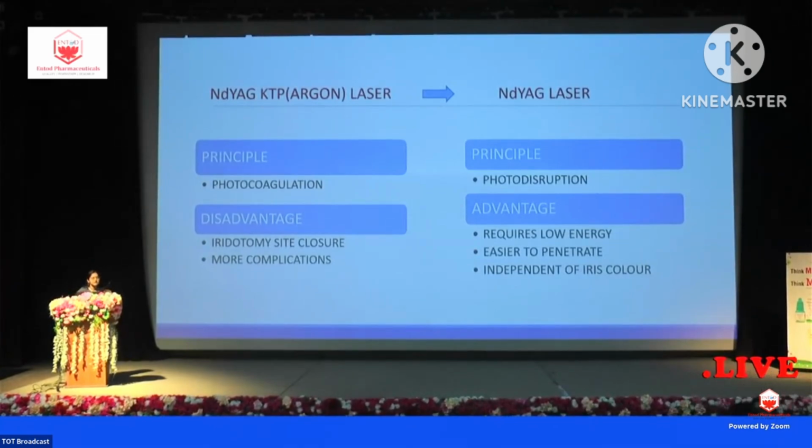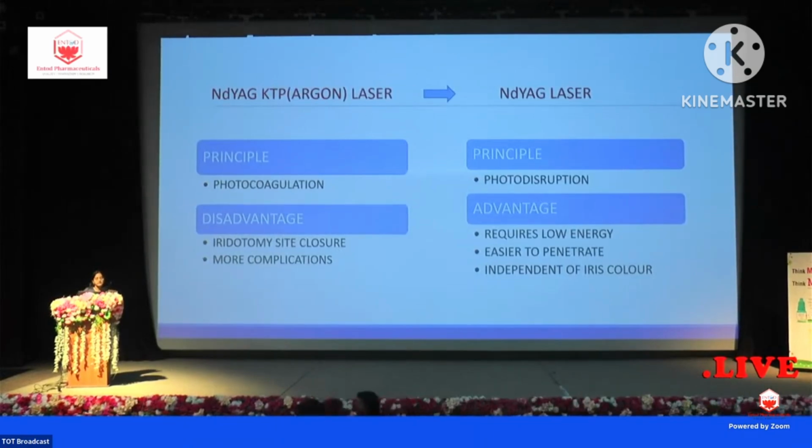But the major disadvantages were iridotomy site closure and more complications. So that led to the invention of ND-YAG laser, which follows the principle of photodisruption. The advantages are that it requires low energy, and it is independent of the iris color, so it is easier to penetrate.